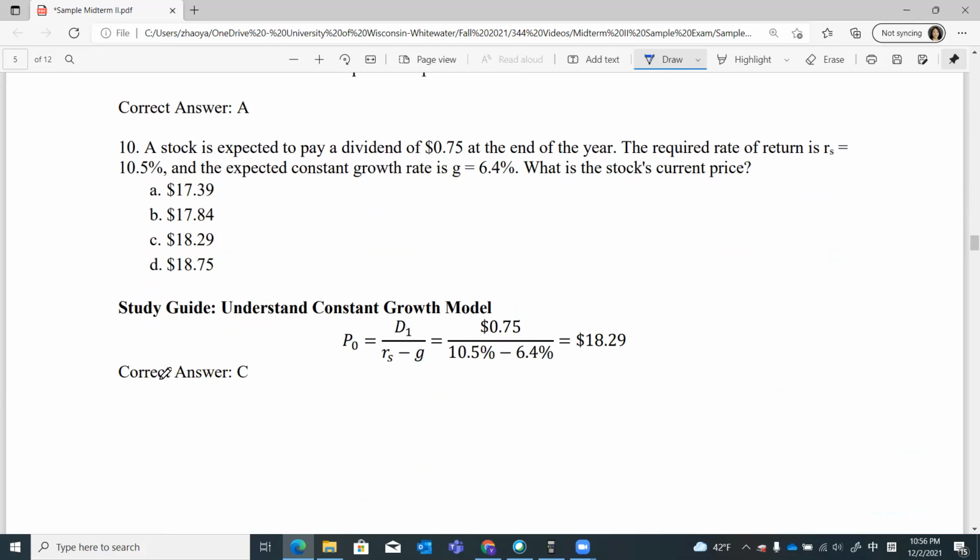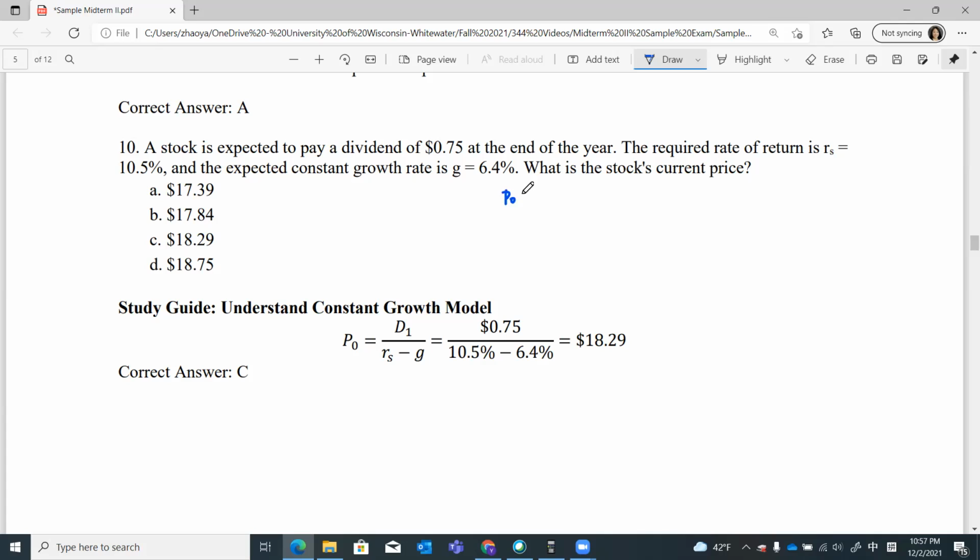Question 10. A stock is expected to pay a dividend of 0.75 at the end of the year. The required return is 10.5%. Expected growth rate is 6.4%. What's the stock's current price?